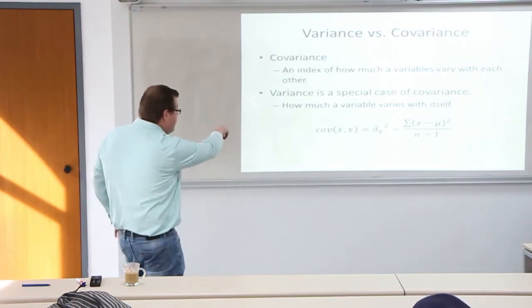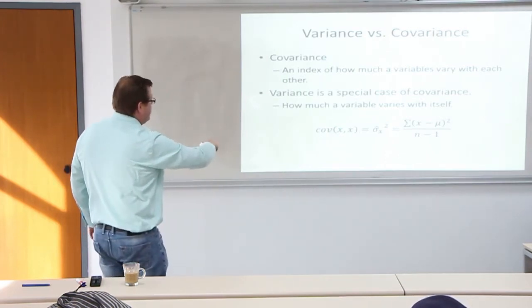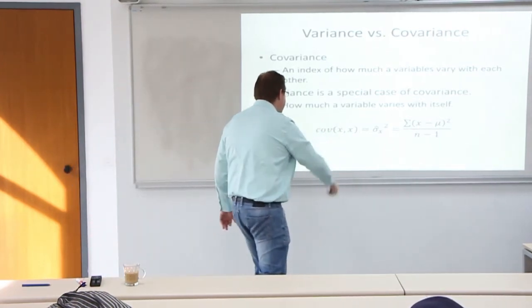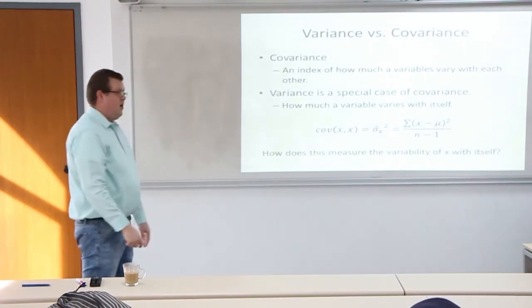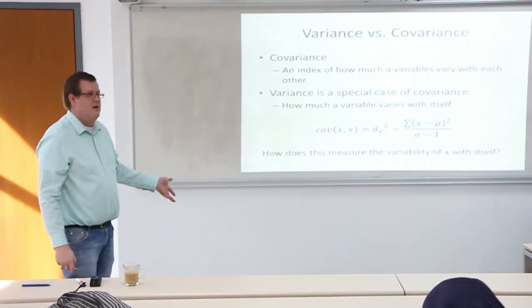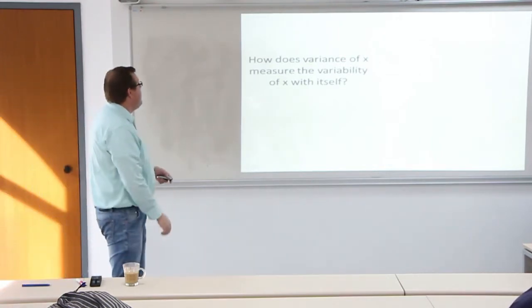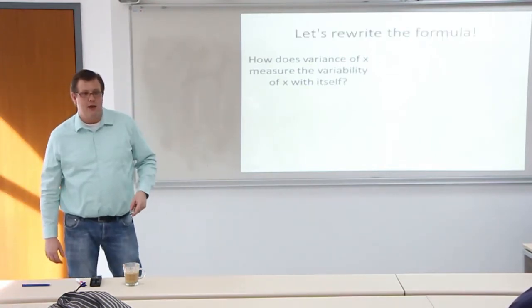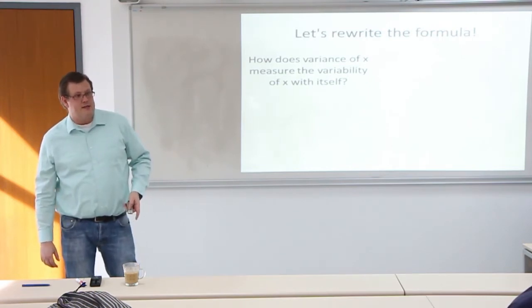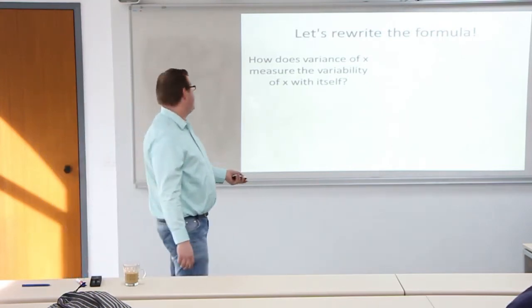And I'm saying that the variation in x with itself is equal to this. That doesn't seem to make a lot of sense immediately, but if we rewrite the formula, it might make a bit more sense. So let's rewrite the formula.